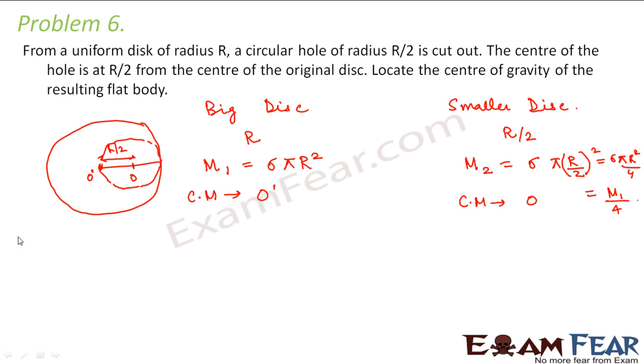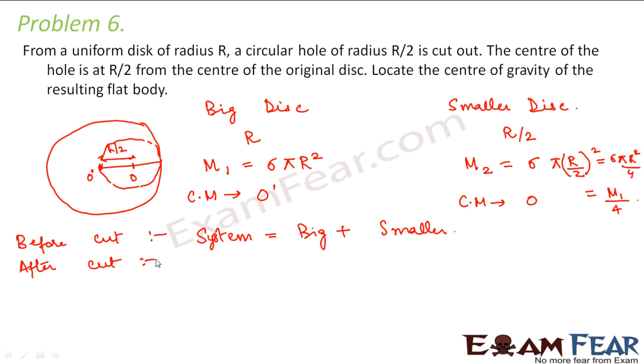So before the cutting of the disk took place, what was my system? My system was bigger disk plus smaller disk. Now after the small circular plate is cut, what is my system?